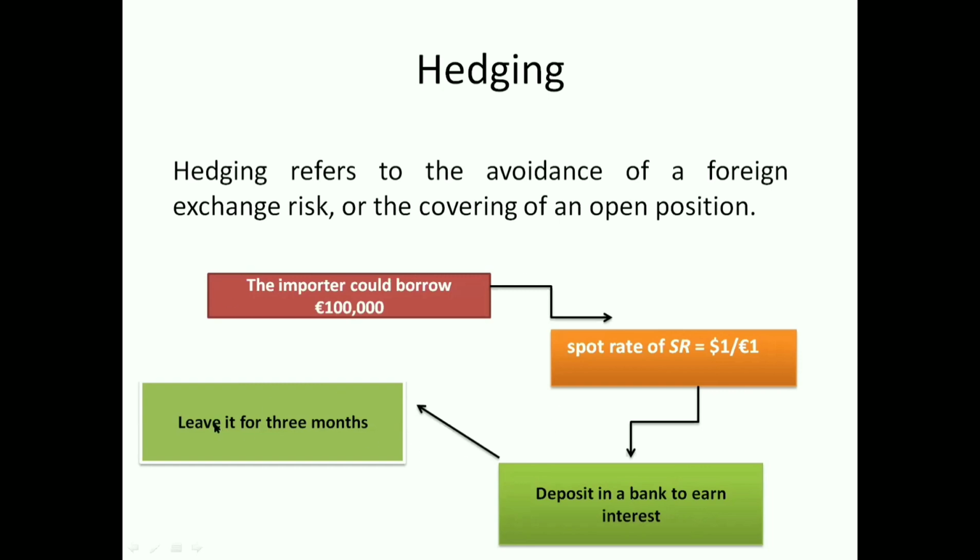In this whole procedure, he is taking a loan and then depositing the amount in a bank for another 3 months to avoid the risk he may experience after 3 months when the exporter gives him the delivery. Therefore, hedging is the practice of taking a position in one market to offset and balance against the risk adopted in the other market.